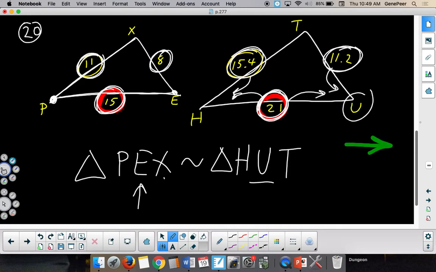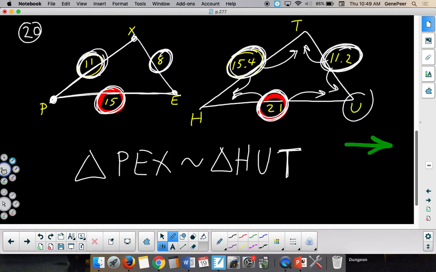T has to match up with X. Where is X? X is between the little guy and the medium-sized guy. Over here, here's my little guy and my medium-sized guy. What's between them? Point T. So we are, of course, correct, but we already knew that.